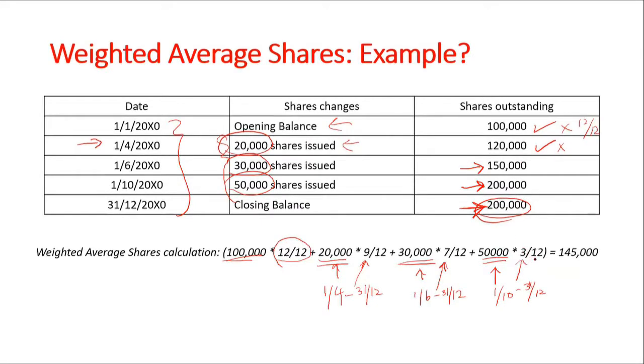So we will multiply 50,000 by 3 over 12, and then we will do the addition. And this would come to 145,000. So the weighted average shares in this example would be 145,000.